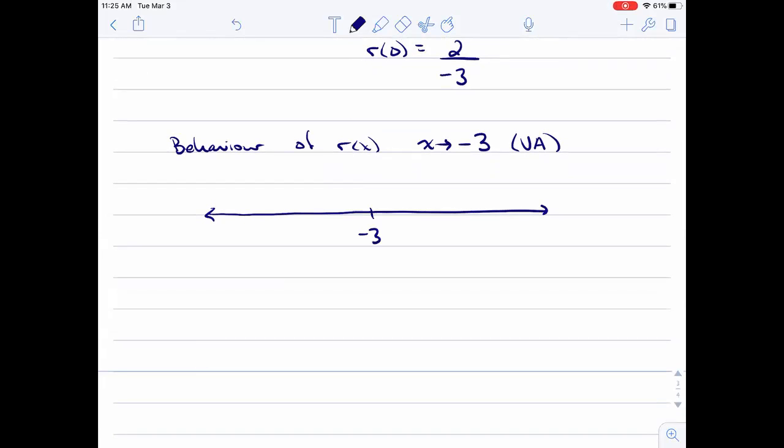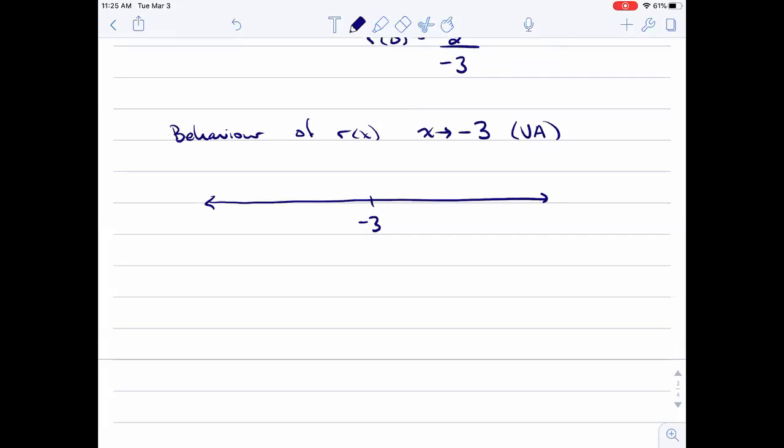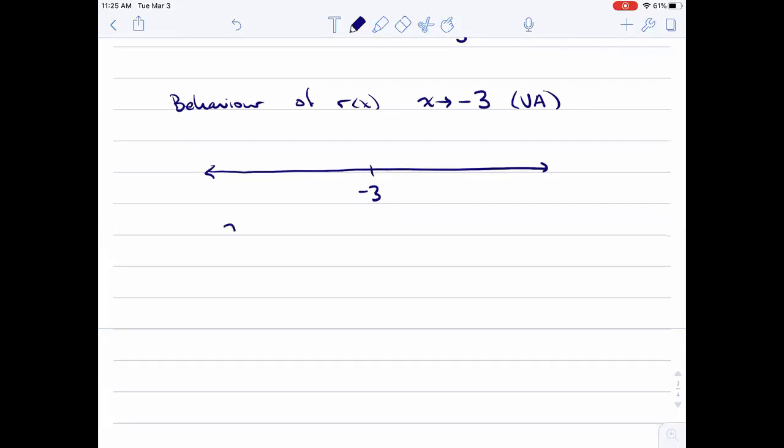I can figure out how r of x behaves as x approaches negative 3 from the left, and then as it approaches negative 3 from the right. Do you remember we used the superscript negative for from the left, and then from the right, we get r of x.